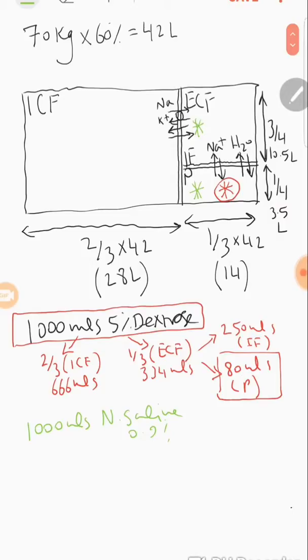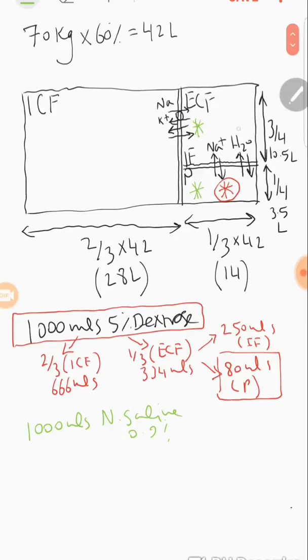However, there will be no movement of sodium, or for that matter water, into or out of the intracellular fluid, because the infused saline, the salty water, is normalized, which is essentially the same concentration of sodium throughout the body. So there is no change in the osmolality of the extracellular fluid.